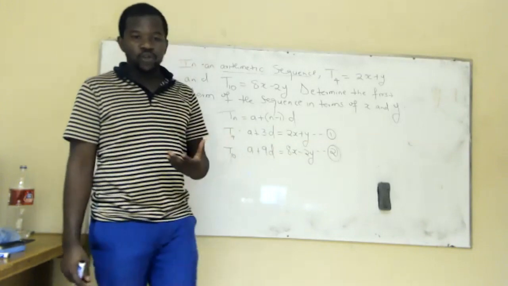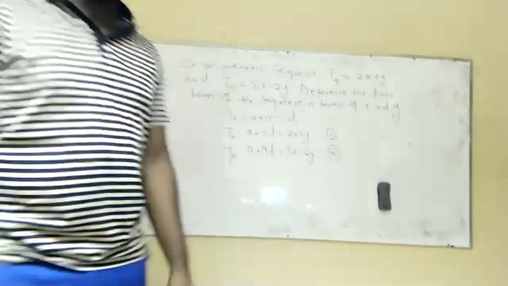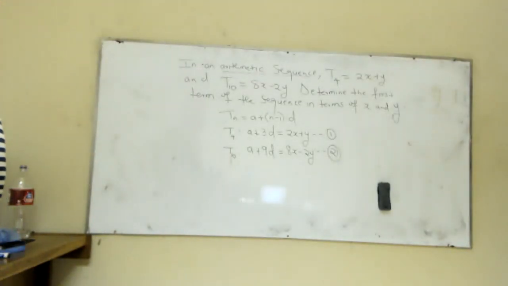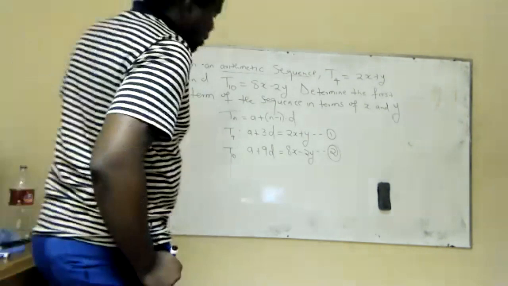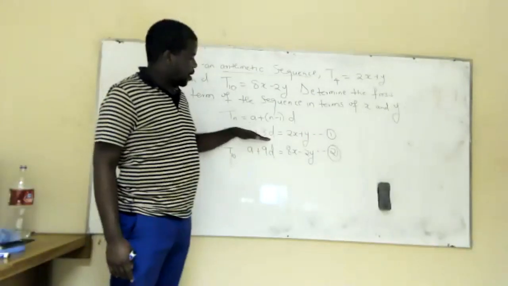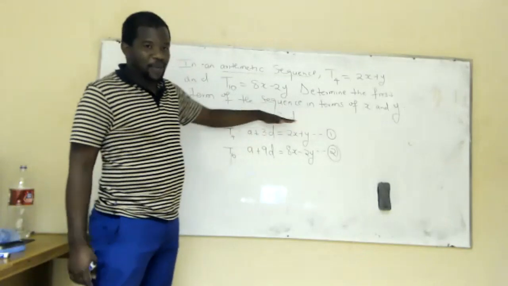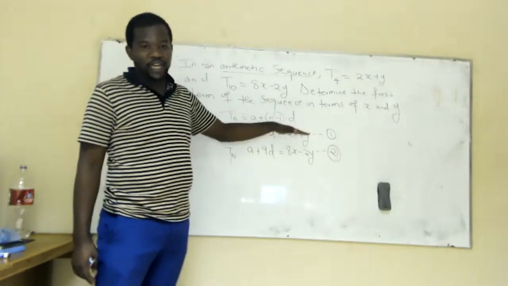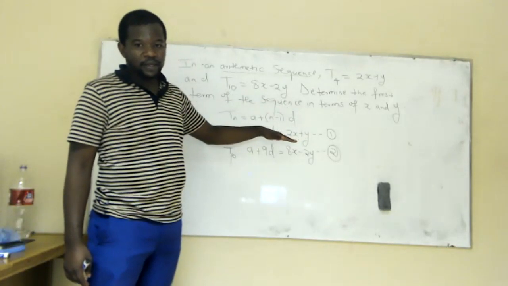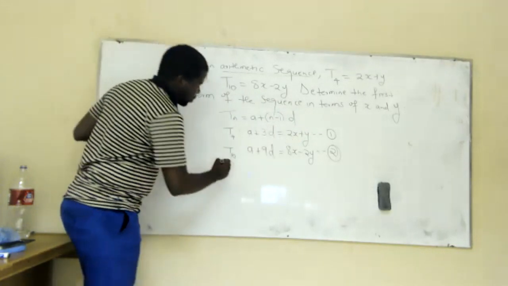What can we do to make sure that they have the same coefficients? We can multiply equation number 1 by 3 throughout, right? So let's multiply that and see what we obtain.